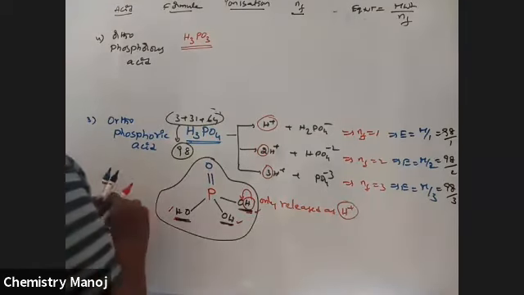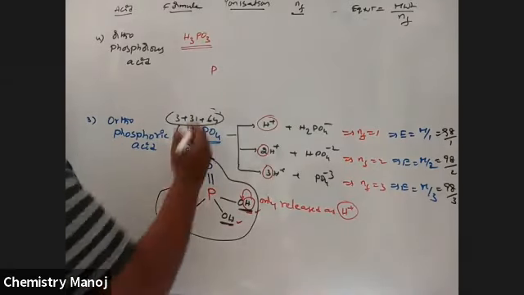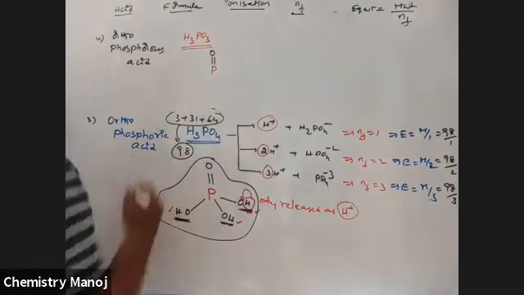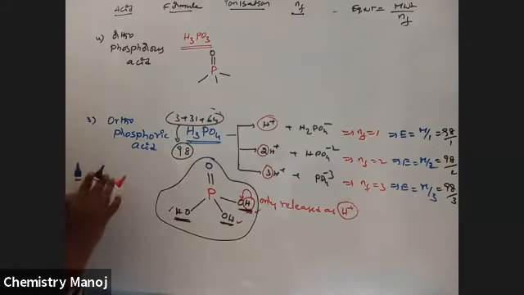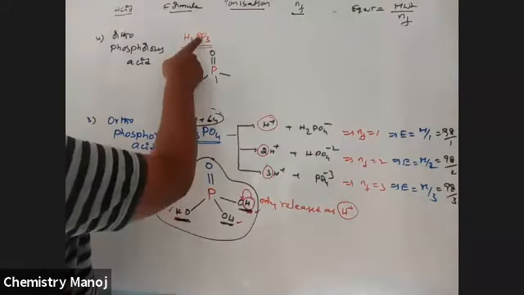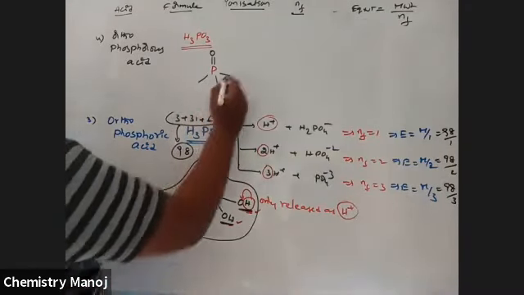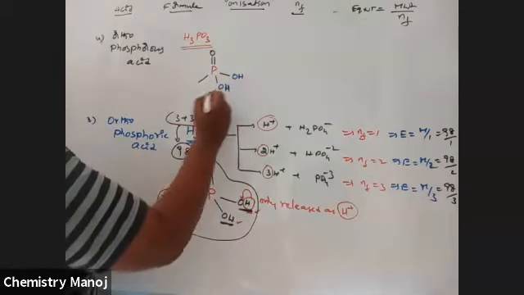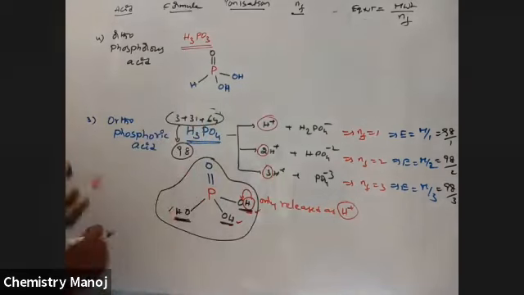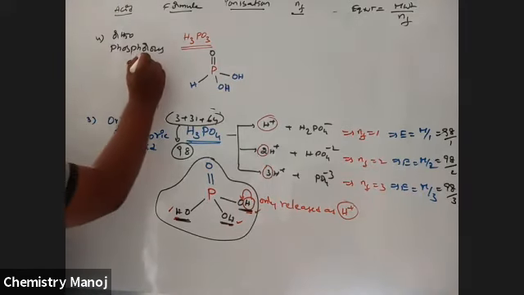The central atom is phosphorus, with one hydrogen and one oxygen with a double bond. There are 3 other bonds, total 5 bonds. One oxygen is completed, the remaining 2 are OH oxygens, and there is another hydrogen. This is the structure of H3PO3, orthophosphorus acid.